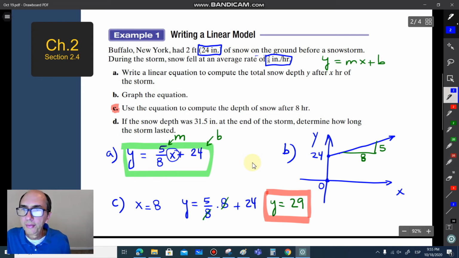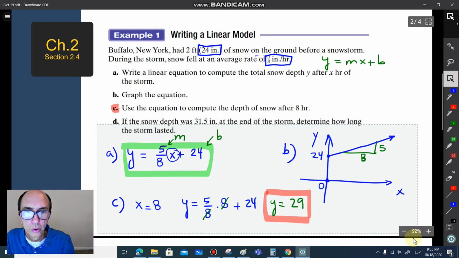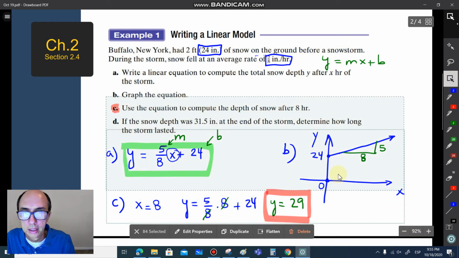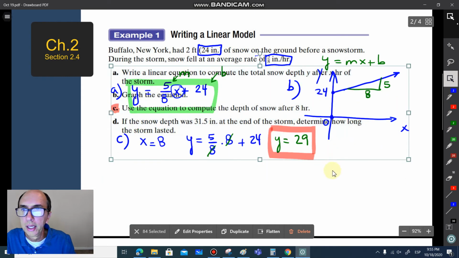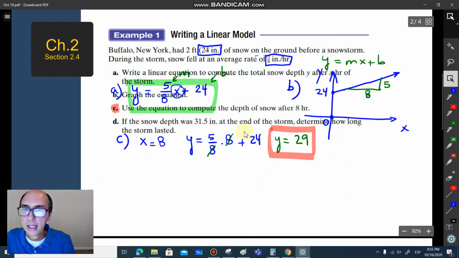Now the next, if the snow depth was 31.5 inches at the end of the storm, determine how long the storm lasted. Let's just make some space here, and I will move all these things up a little bit. Okay, and check letter D. Actually, I think we can erase this.